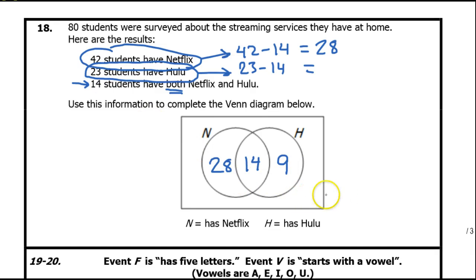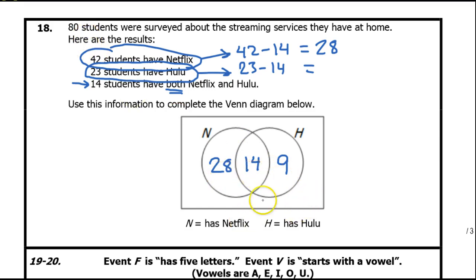We also need to know what number belongs floating around out here: students that have neither Netflix nor Hulu. Well, 80 students were surveyed. So we can subtract all three of these numbers from 80, and that will give us how many are left over.